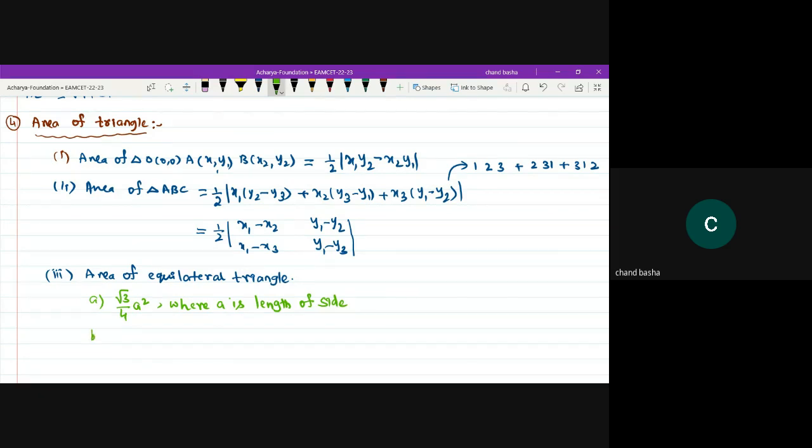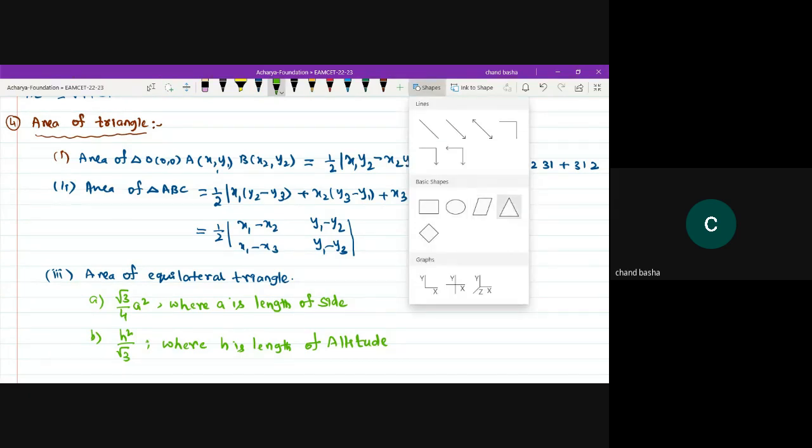And point B is also a well-known formula, h square divided by root 3, where h is the length of the altitude, or we can also call it the height of the triangle.